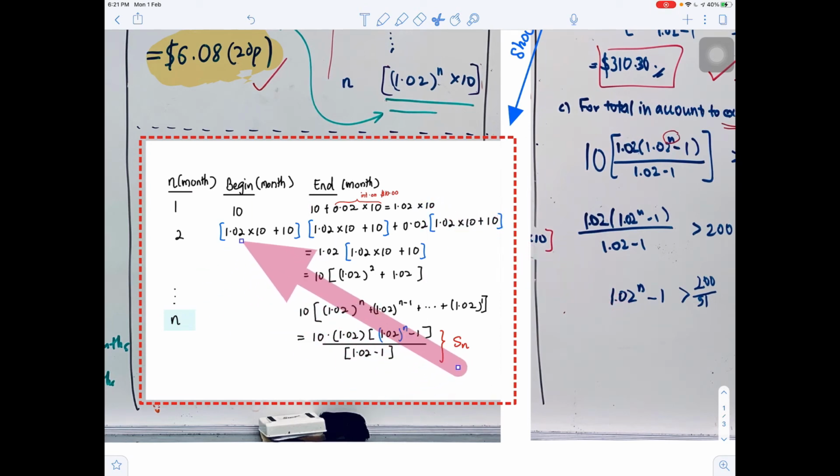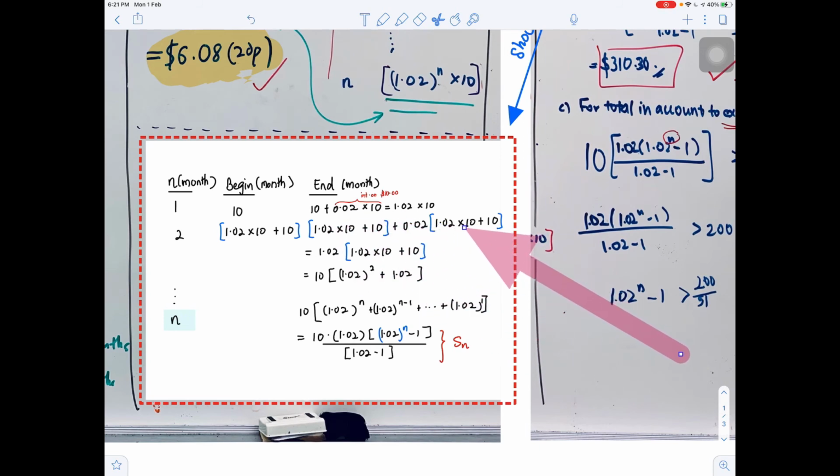In the next month, we would have the amount that we obtained from last month, but every month we put in $10. So the new amount at the beginning of the month will be what we got from the end of the last month plus another $10. At the end of the month, we would have this same amount, but again we have a 2% interest on that amount.